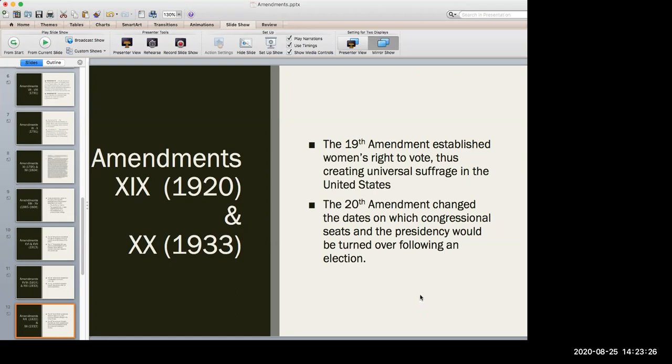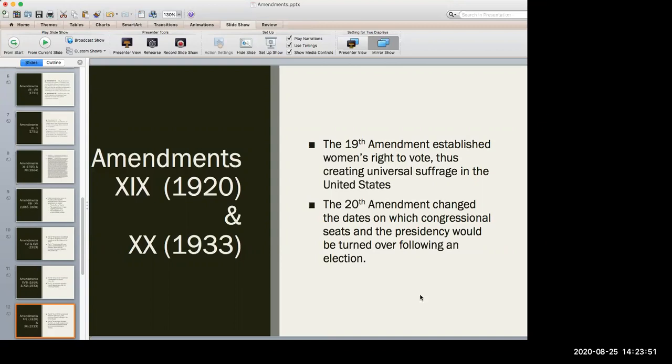So there are some other amendments to the Constitution that are going to come up later. The 20th Amendment changes the dates on when a new Congress is seated. Yes, grandfather clause, spelled a little bit differently.